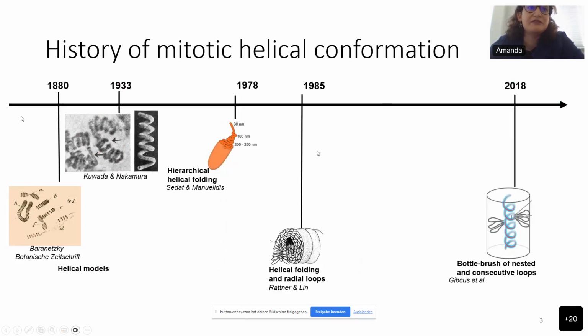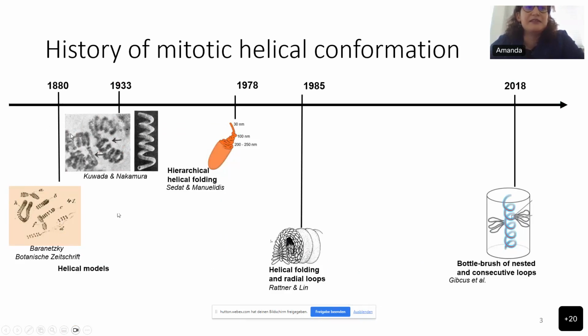At the beginning, when they first observed chromosomes under the microscope, it was clear that it was a helix. So it started with Baranetsky observing these chromosomes in Tradescantia.